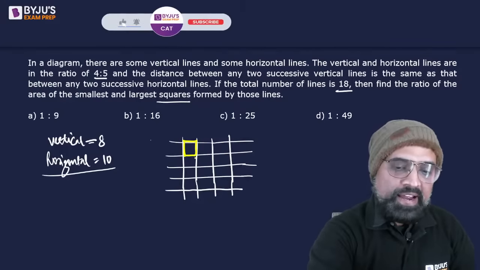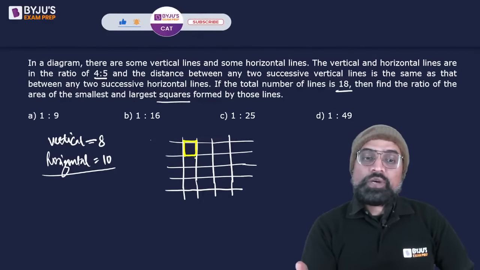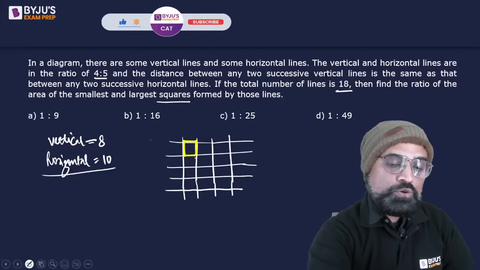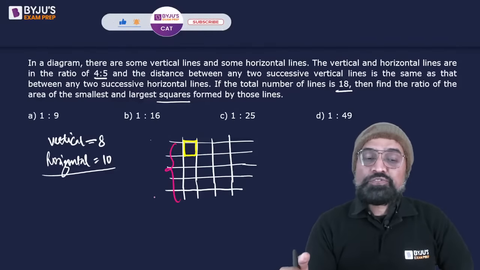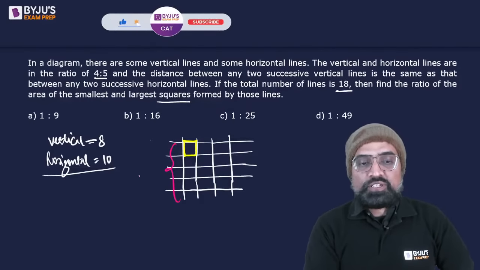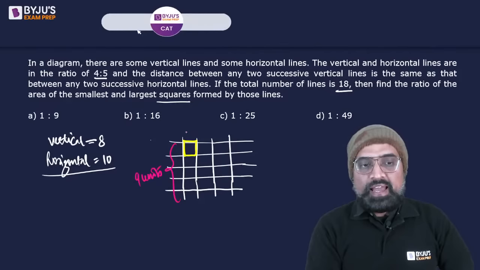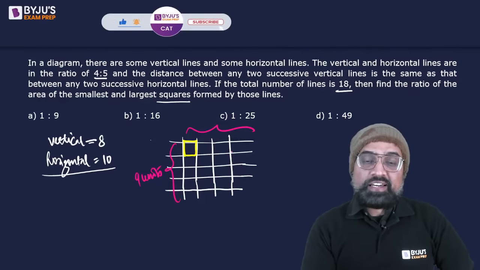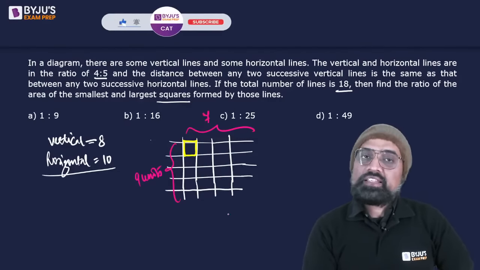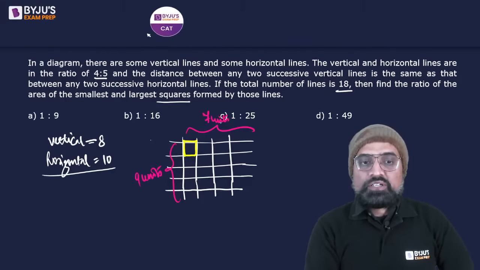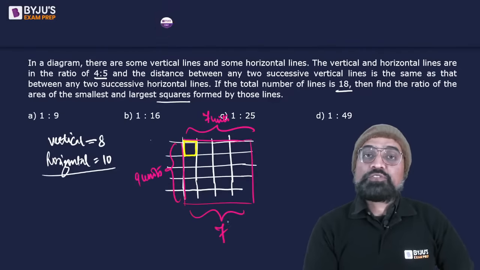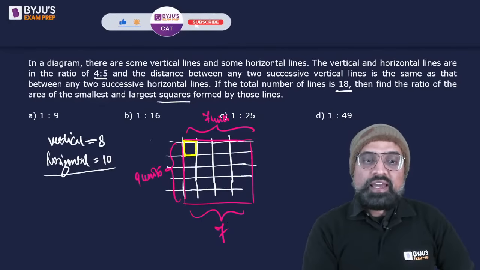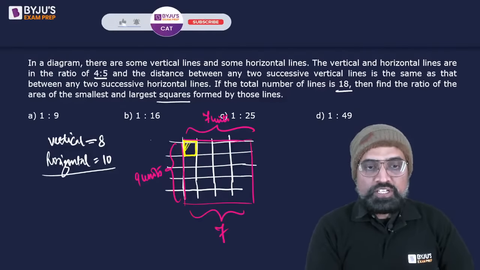And if you talk about the largest square, since there are 10 horizontal lines, it's 9 units in length. And if there are 8 vertical lines, it's going to be 7 units in length. So a square with a side of 7 will be the largest square you're going to have. And this is the square with the smallest area.